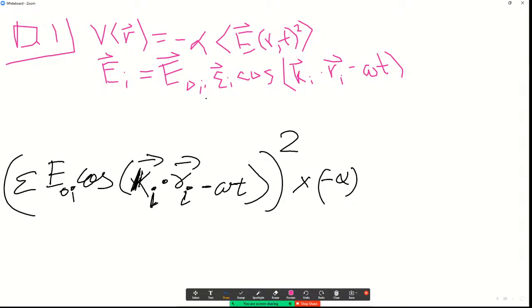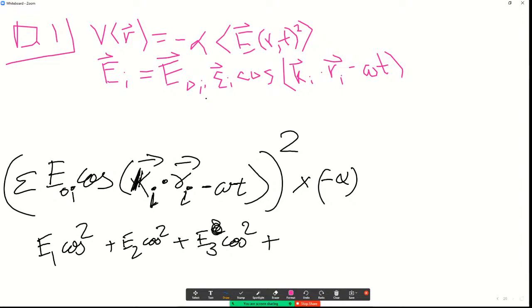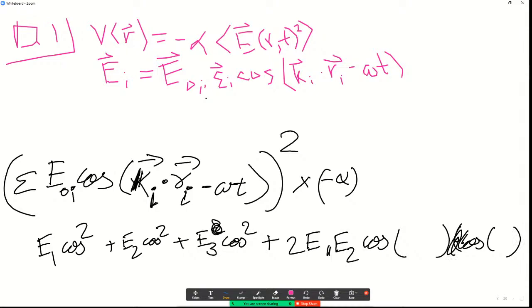So we would get cos square terms for this: E1 cos square term plus E2 cos square term and E3 cos square term, and then we will get 2 E1 E2 cosine of this into cos of another, and so on for this also.